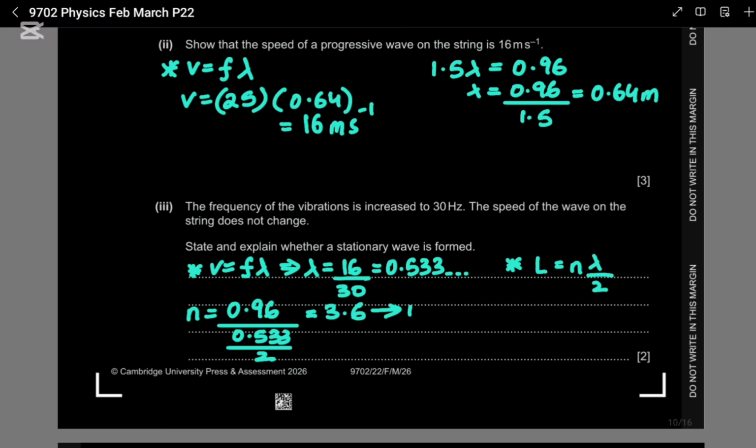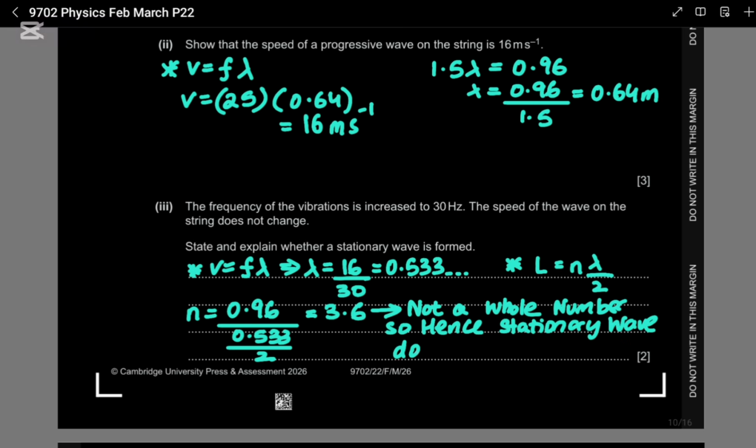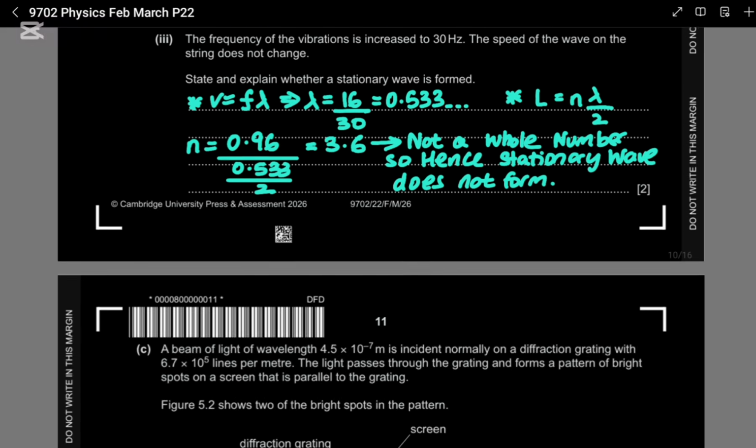This is not a whole number, not a whole number. So therefore a stationary wave does not form. Okay, I hope you understood this point.